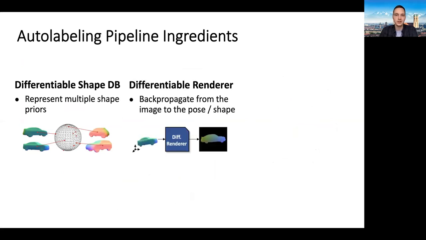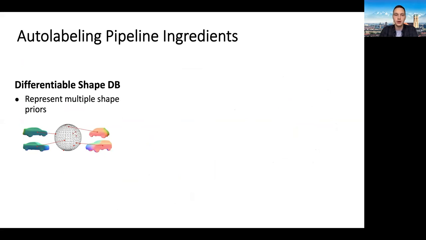Our pipeline consists of 3 components. In the beginning, we didn't know what those components should be, but we knew there should be, first of all, a database of shapes, and it would be cool if it's differentiable because we want to optimize over the shape and maybe interpolate between shapes as well.